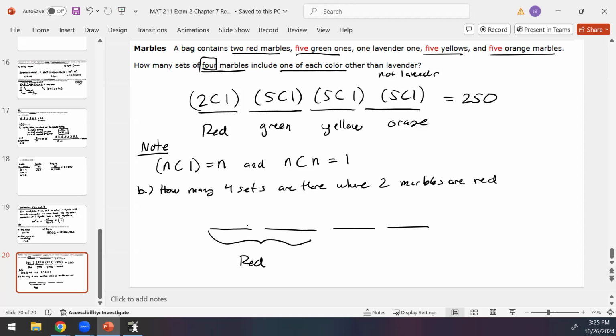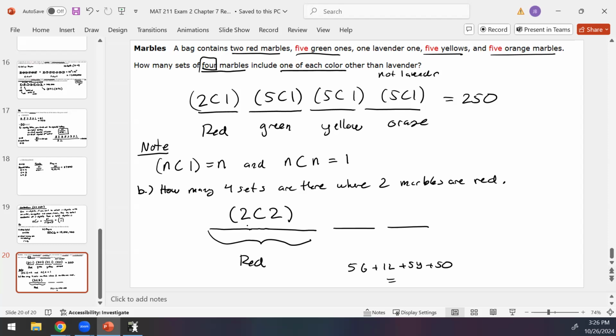So that means this whole thing is actually going to become 1 line, and that's going to be 2 choose 2, because I need 2 reds, right? So 2 red marbles. And then for the other colors, I have no restriction, okay? The lavender restriction is gone. So then how many marbles do I have left? Well, I have 5 green plus 1 lavender plus 5 yellow plus 5 orange.